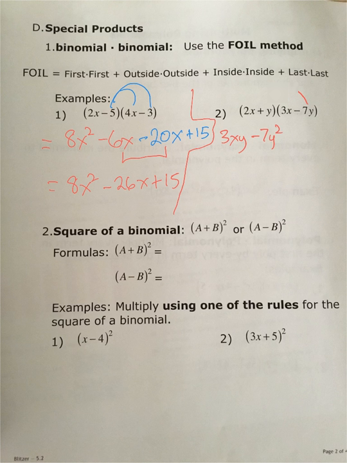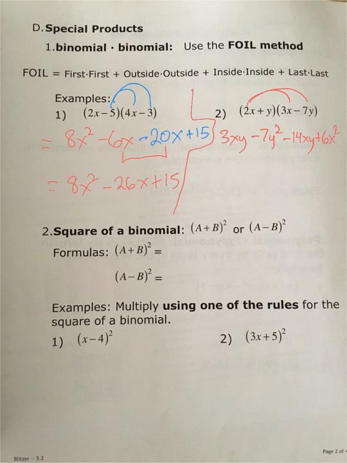I could then do 2x times negative 7y. Notice I'm just going all over the place. Negative 14xy. And then I could do 2x times 3x, which gives me what? 6x squared.